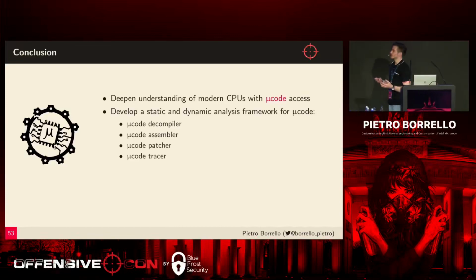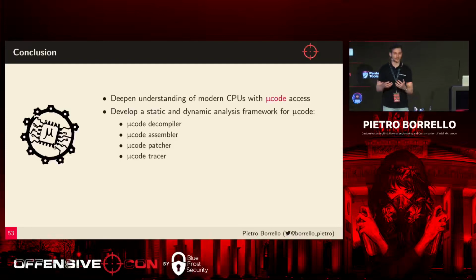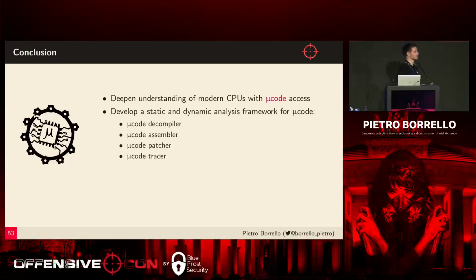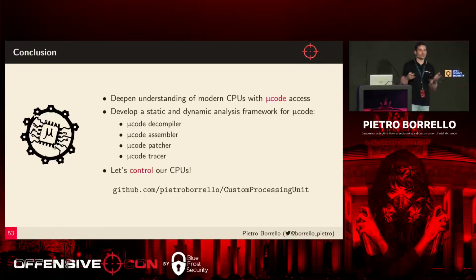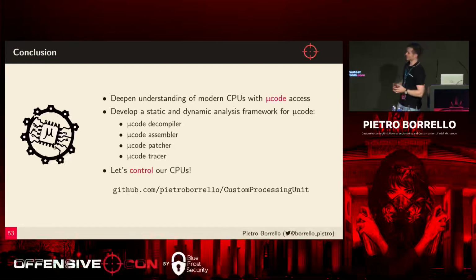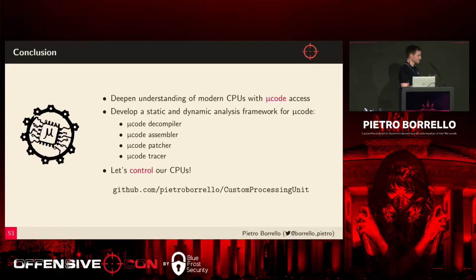Our framework includes a decompiler for microcode, an assembler that lets you write patches, a patcher that lets you apply those patches, and a tracer to observe fully at runtime the microcode execution, which allows us to completely control our CPUs. Our framework is open source, so you can play with that if you have red unlocked CPUs like a Goldmont one. So thank you very much. If you have questions, I will be happy to take them.